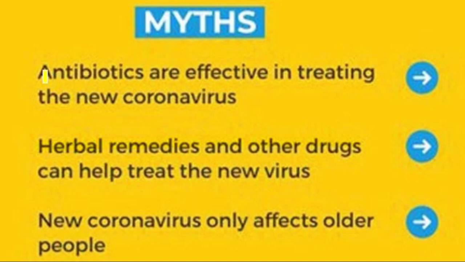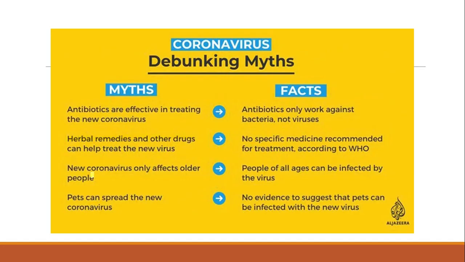Or perhaps antibiotics are effective in treating the new coronavirus. There was also a misconception in the beginning that coronavirus only affects older people. As a matter of fact, antibiotics can only work against bacteria, not viruses. There is scientific evidence for that. And secondly, up till now, no specific medicine is recommended for treatment.